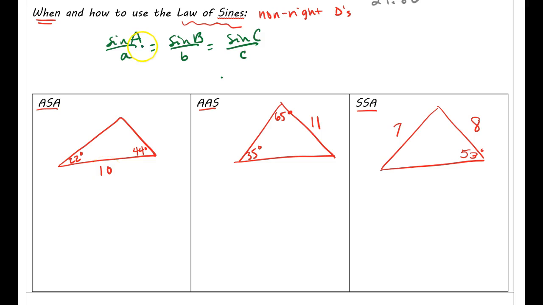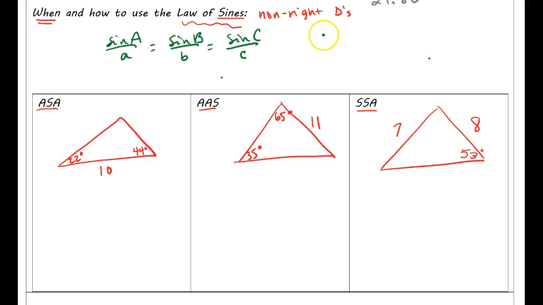Now, the key and most important thing to remember is the reason these are little a, little b, and little c is because they really do go with the angle above it. Whatever side is on the bottom is opposite, or across from, the angle up top.